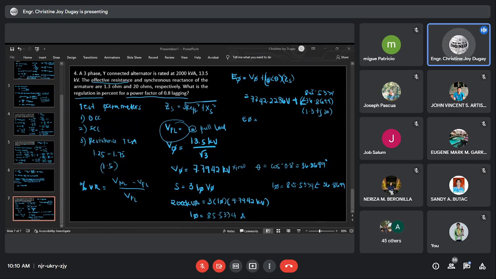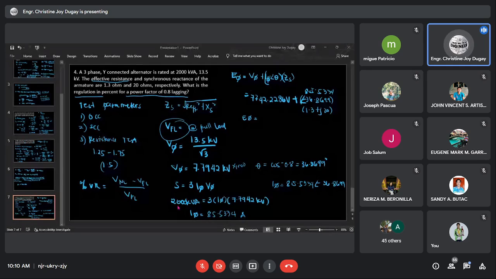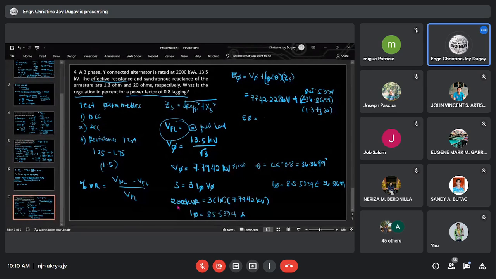How about the others? How many did you get? For me, it's 9.0042 kV. Since that is in kV, we will use kV here too. So our percent VR is equal to, the greater one should be the 9.0042 less 7.